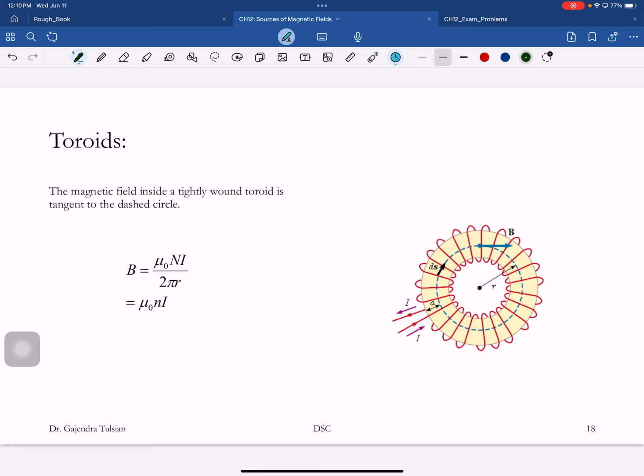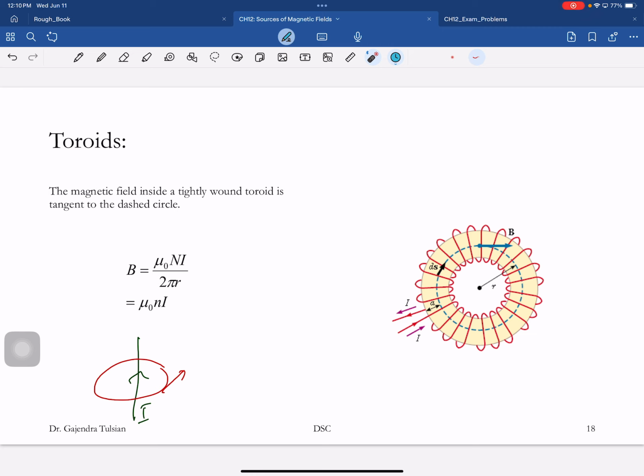So you saw a long wire producing magnetic fields which are concentric circles. Now, here's another configuration. Let's say you wanted to produce a strong magnetic field inside a donut.